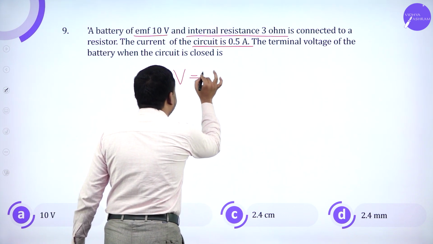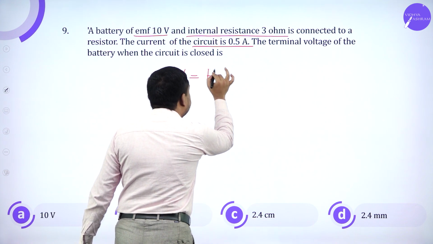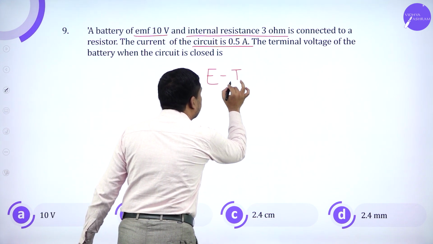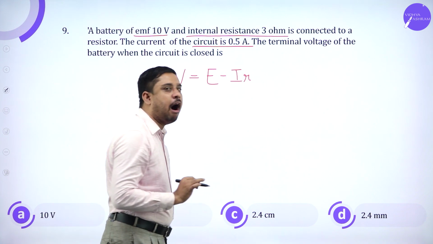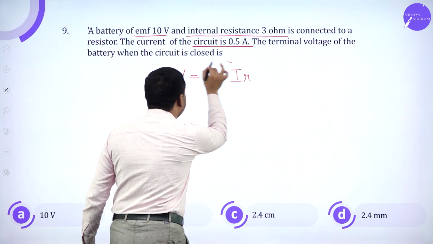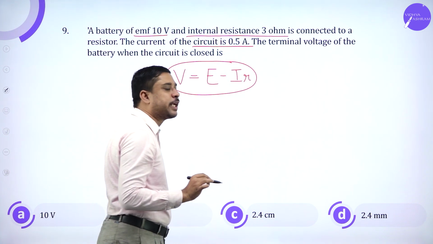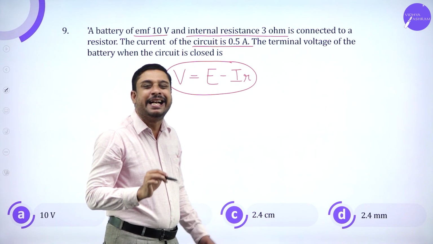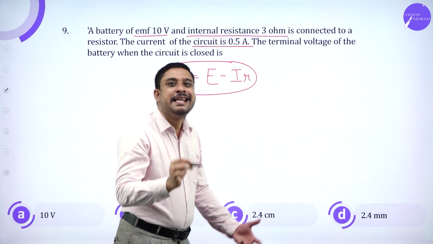We have V equals E minus I into R. This comes from the cells concept: terminal potential difference, internal resistance, EMF.